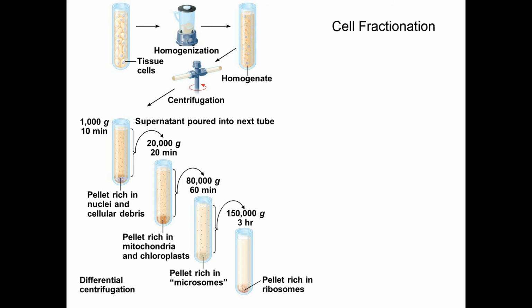In the second test tube, you spin it for 20,000 Gs for 20 minutes, and you're left with mitochondria and chloroplasts at the bottom. You spin it for 80,000 Gs for an hour, you get microsomes.